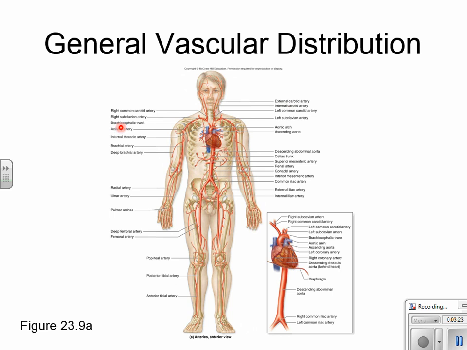brachiocephalic trunk. Okay? If we were to zoom in on the aortic arch really close, the very first artery that's large is the brachiocephalic trunk. Because remember, we do have two small openings for the coronary arteries.